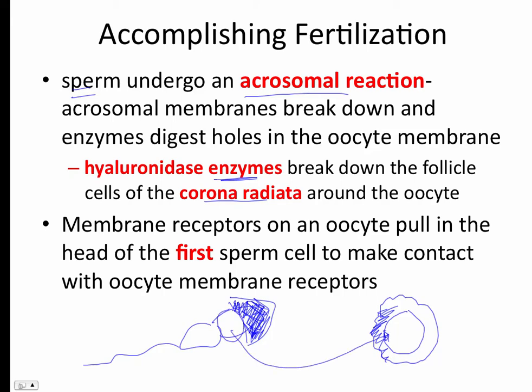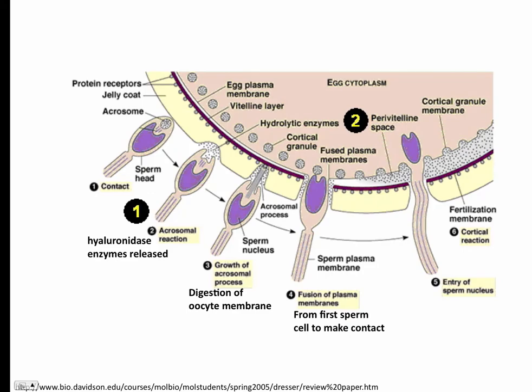Now, the very first sperm to come into contact, break through this corona radiata and make contact with the membrane of the secondary oocyte is going to be that sperm that's going to enter. All that DNA, genetic material found here within this head, is going to be the one that enters into the egg. Let's look at these events one more time.